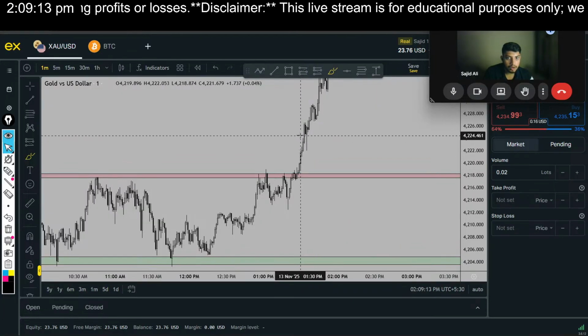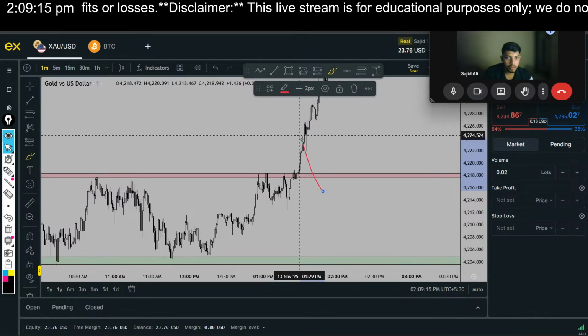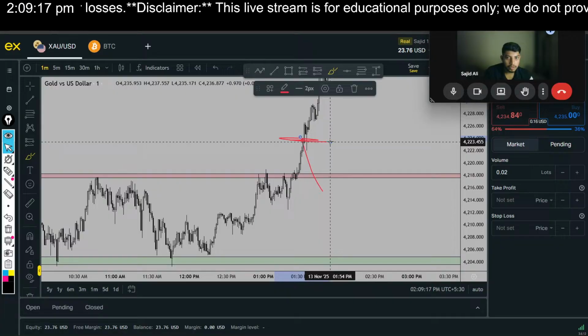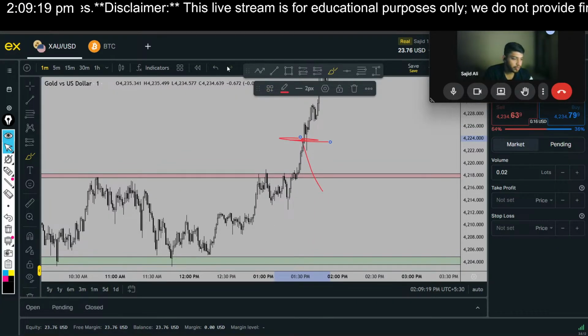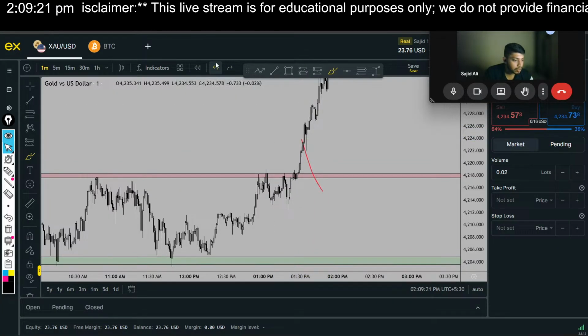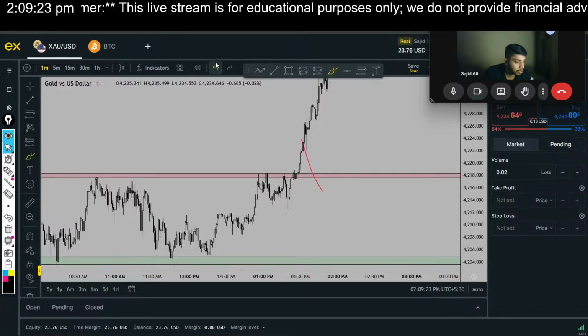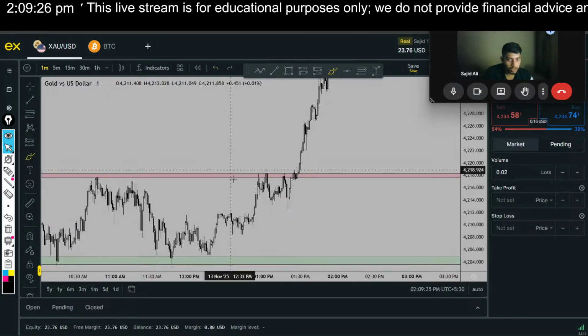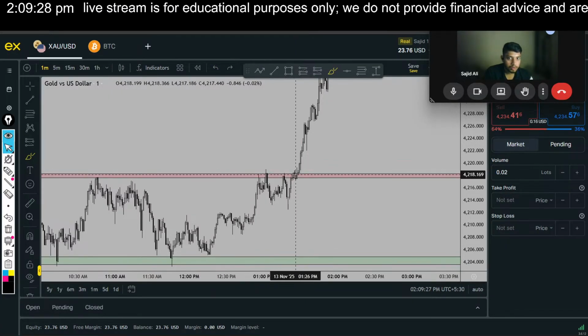I was waiting. I had drawn that. Now, when the price was here, right, it went around 40, 50, 55 pips. You try to enter a retest. Yeah, exactly. And that's what we do.